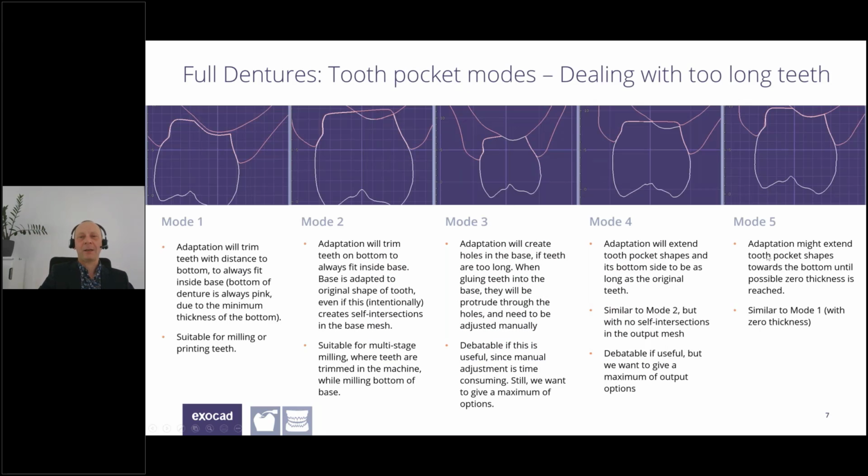And currently we have 5 different production methods to trim the teeth together with the base, to leave the pocket, and to print both. Different methods of adaptation of the tooth to the base.